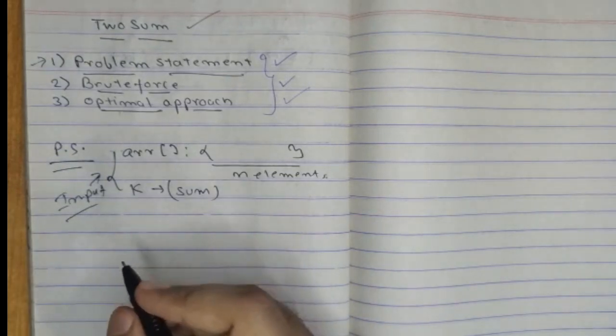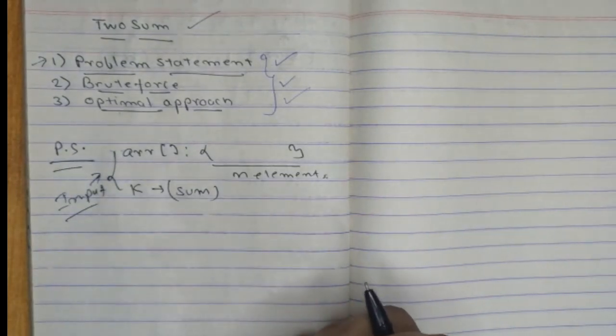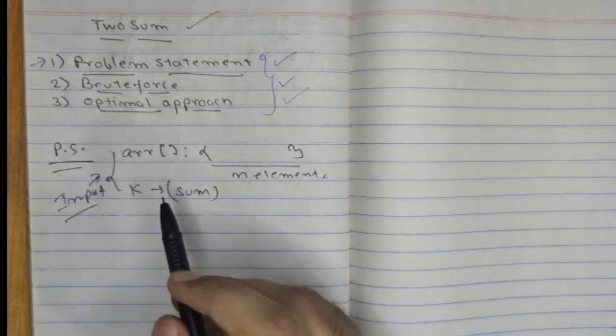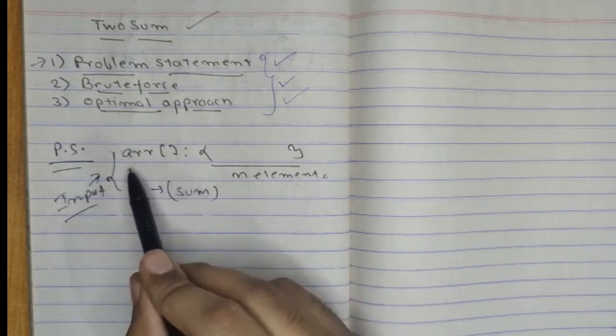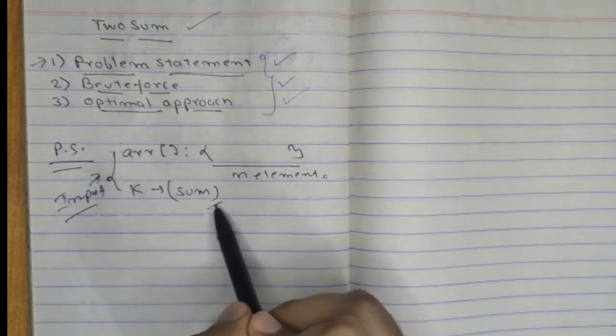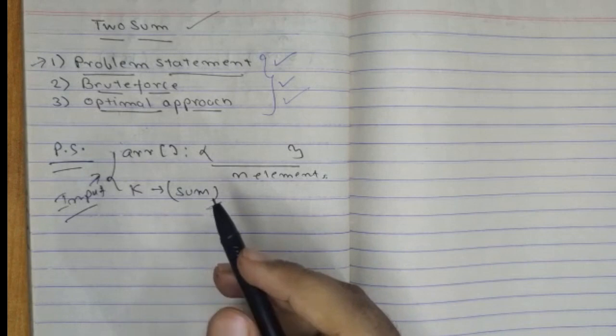Then we will discuss its output a little bit later. Let's first focus on the input portion only. So the first thing which will be given is the array, and the second thing is the variable k, and it contains an integer value which represents a sum.